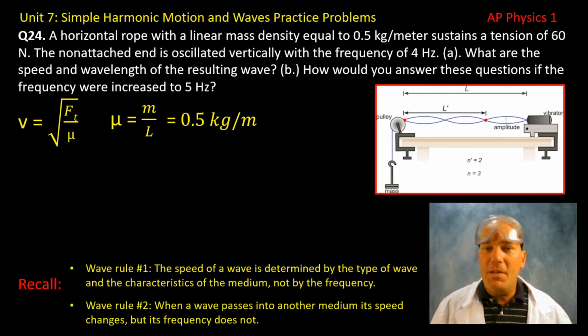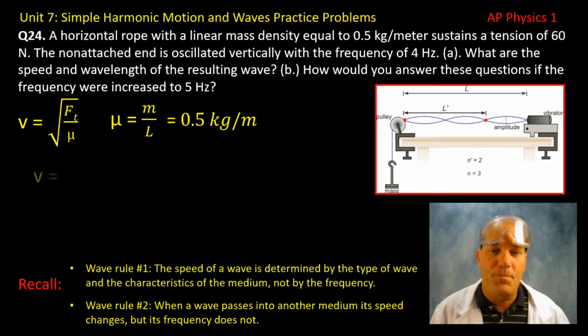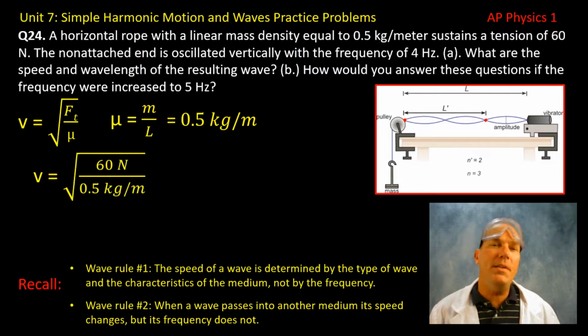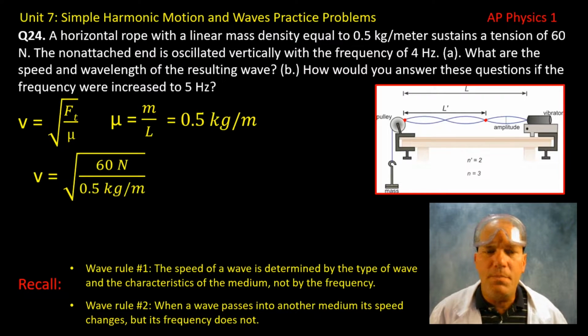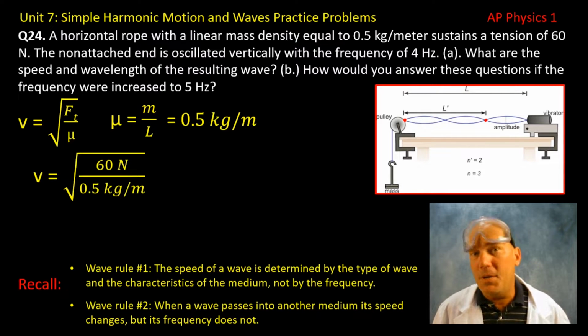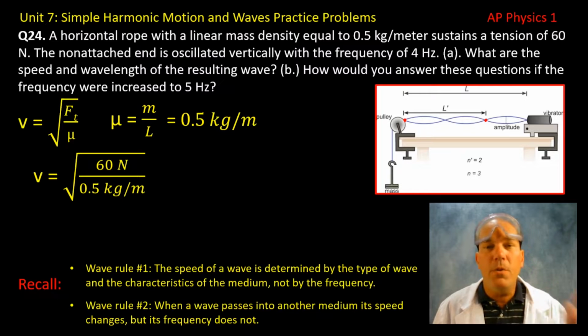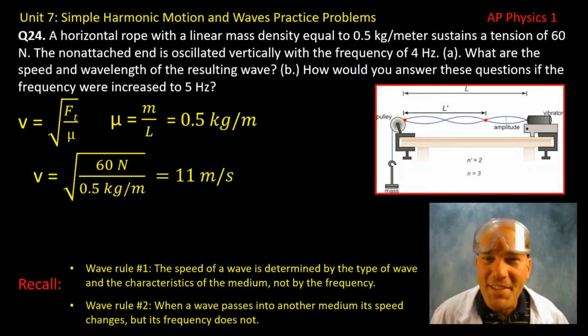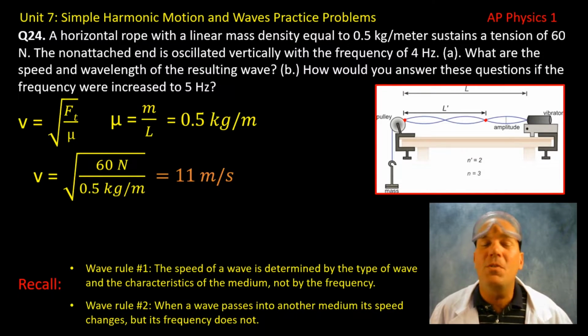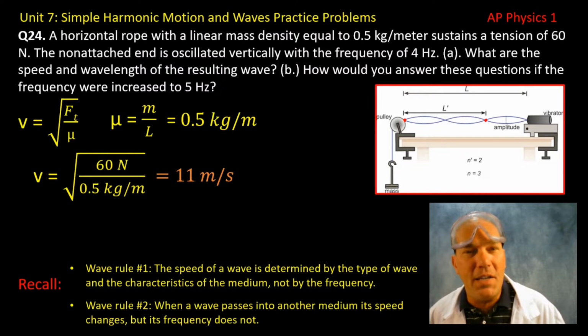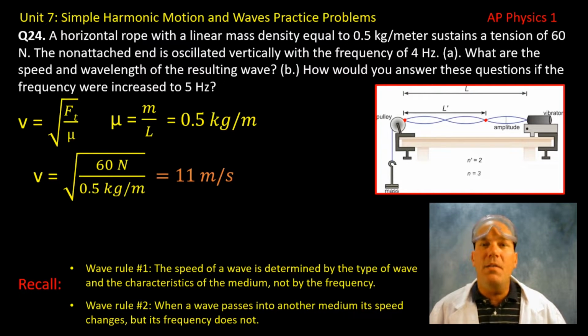In this lab, you're going to determine this experimentally. Now we can plug this into our new equation where we're dividing 60 newtons by the linear mass density, or mu, taking the square root of that to calculate the velocity. Velocity is equal to 11 meters per second. So that is the speed of this wave as it propagates through the medium, which is the string.